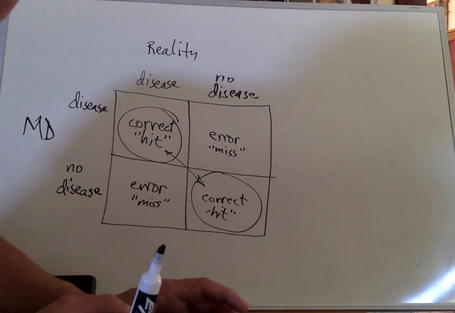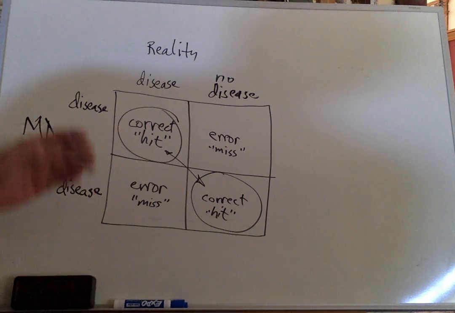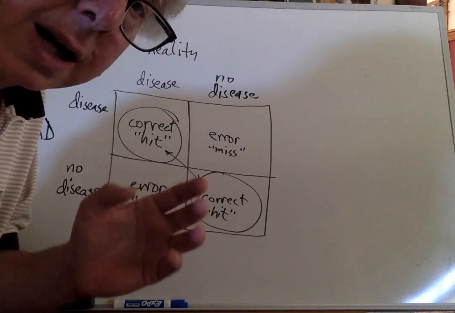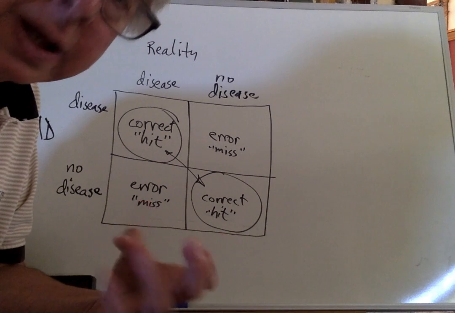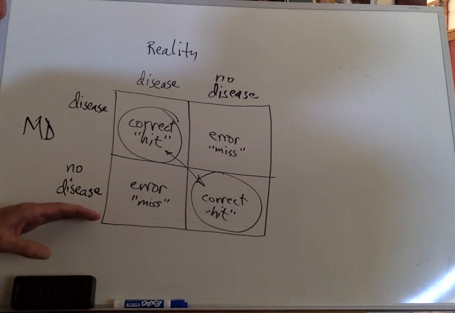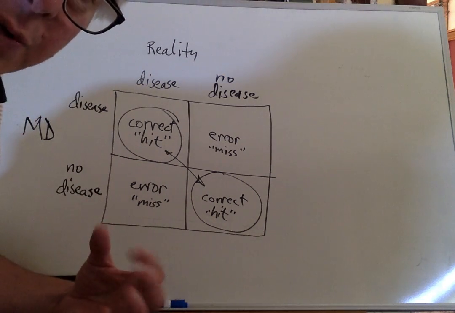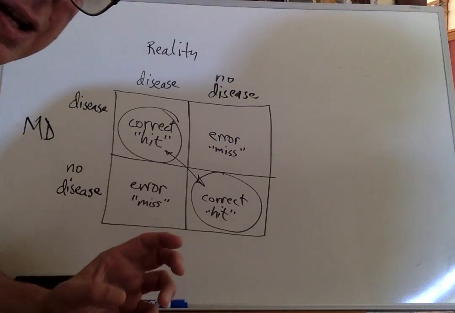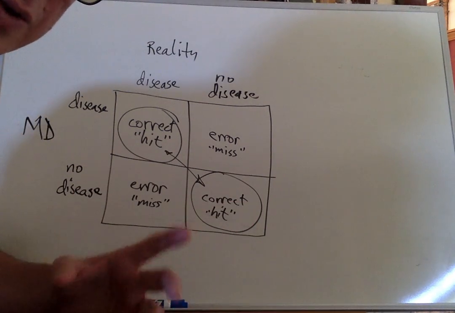Now, some people are going to say, well, why did they say you have the disease when you don't? Because the doctor has incomplete information. It really is an inference, okay? Why would the doctor say you don't have the disease when you do? Well, because the symptoms aren't showing yet, or the symptoms were different than what the doctor thought, or maybe you didn't report it accurately, or whatever.